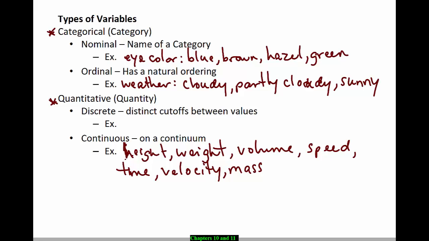Discrete is a special case of a quantitative random variable. This is where you have distinct cutoffs between values. The most basic example that we have is when you're counting something, like the number of blue-eyed people in the room.